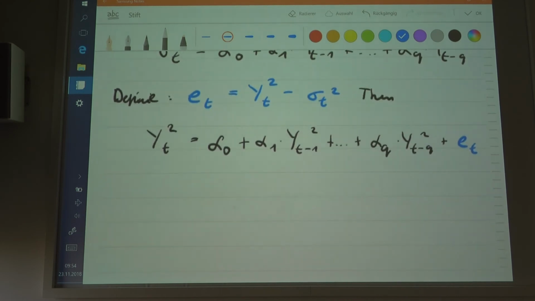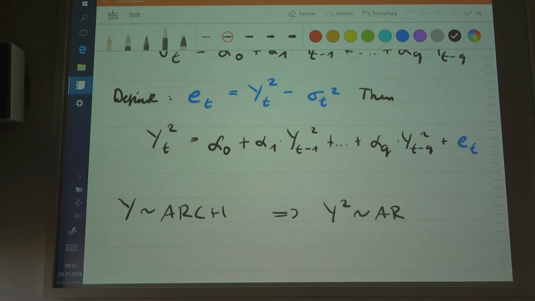This means in particular that if a process follows this autoregressive conditional heteroscedastic process, then this implies an autocorrelation of the squares. The squares will be autoregressive.